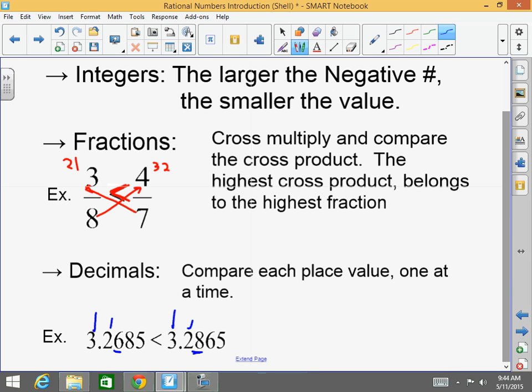So 3 and 2,865 ten-thousandths is greater than 3 and 2,685 ten-thousandths. Okay? So all of this is review. We have seen all of this. This should be very simple.